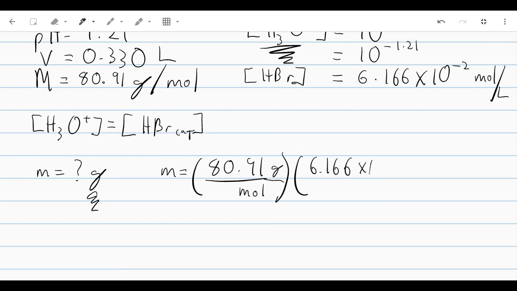6.166 times 10 to the negative 2 moles over liters. I'm arranging the moles so that the moles on top and the moles on the bottom are going to cancel each other out. And then I need to cancel out the liters on top as well.